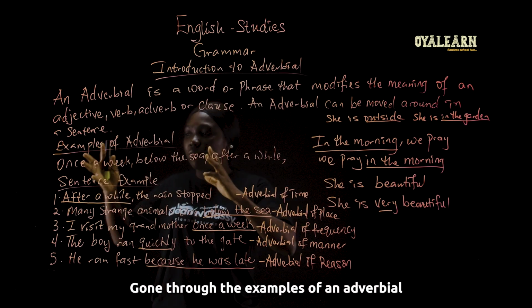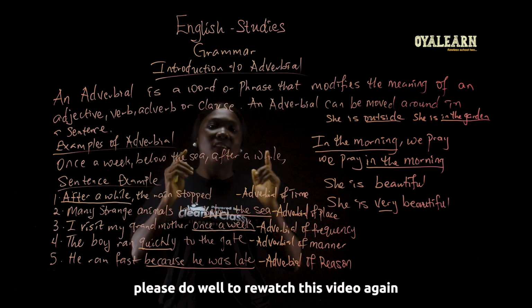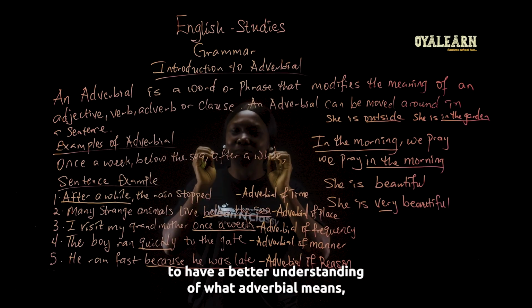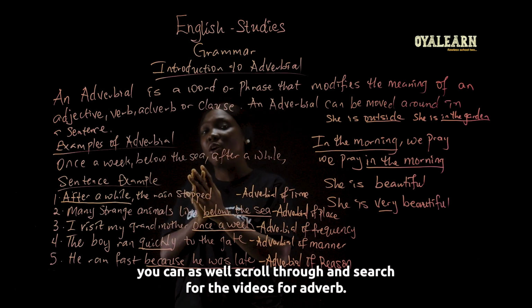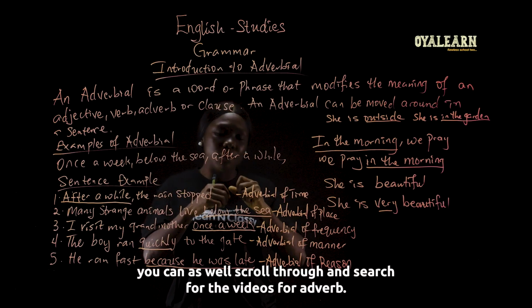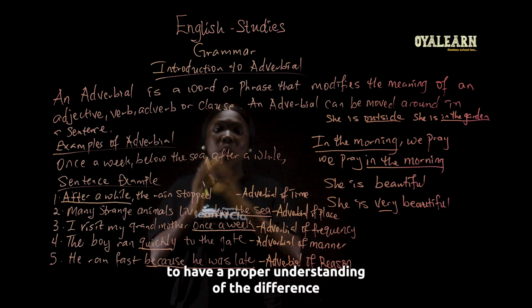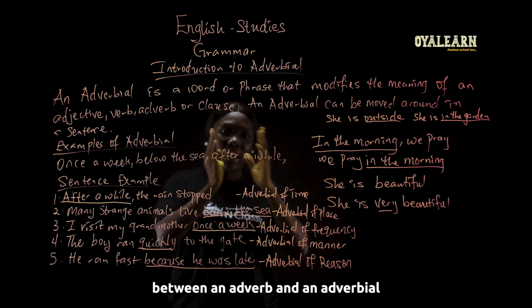And we've gone through the examples of an adverbial. Please do well to rewatch this video again to have a better understanding of what adverbial means. You can as well scroll through and search for the videos on adverb to have a proper understanding of the difference between an adverb and an adverbial.